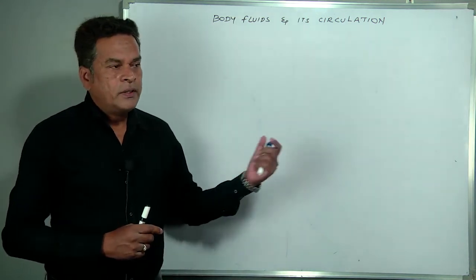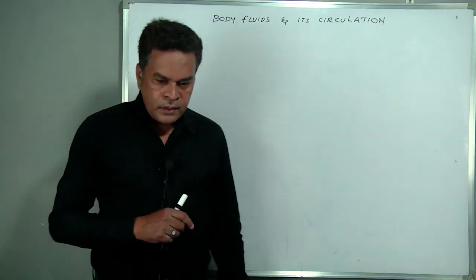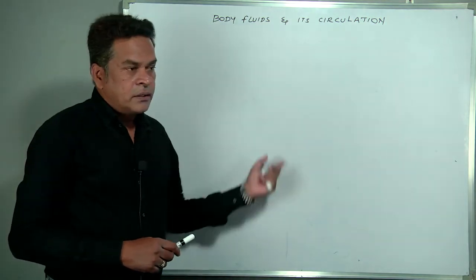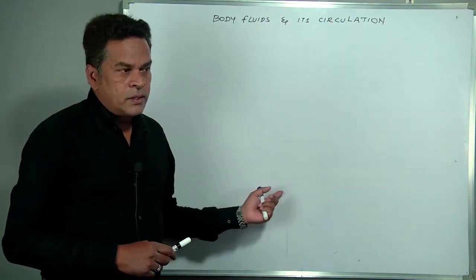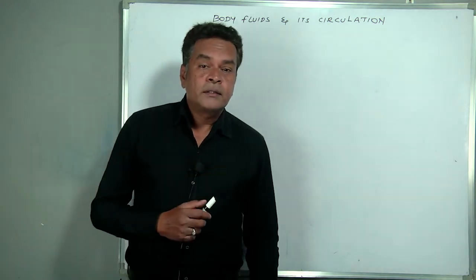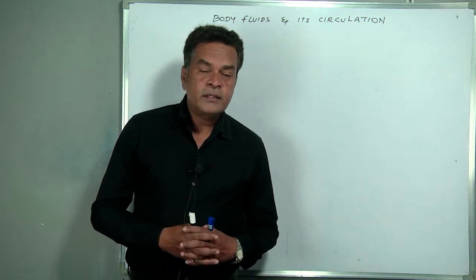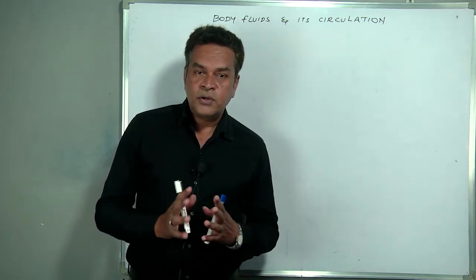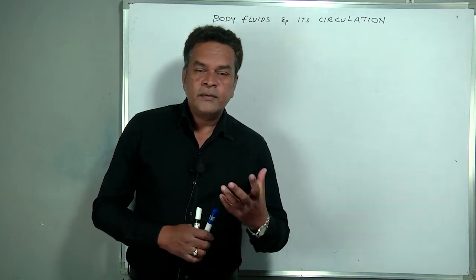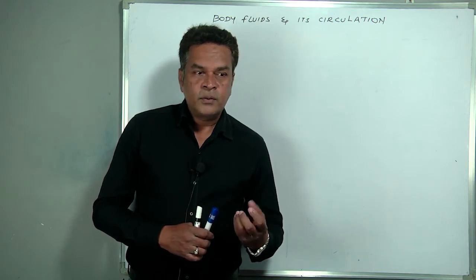Before we discuss the different types of circulatory system in different animals, you can add one more point under the functions of the circulatory system. One important point I missed telling you: you can add regulation. Even the circulatory system takes part in regulation. Regulation of what? Regulation of pH of the body fluids and temperature. Because we know that the liver is a very important thermogenic organ that produces heat.